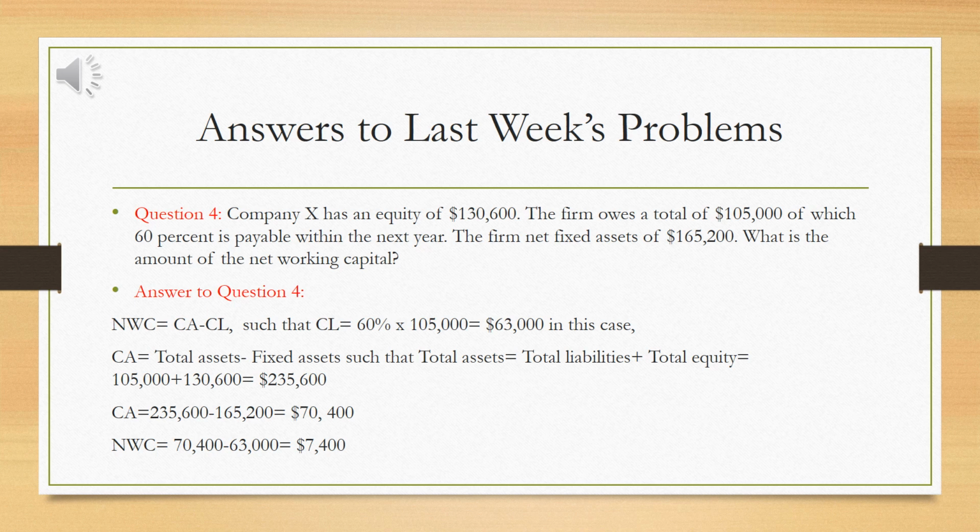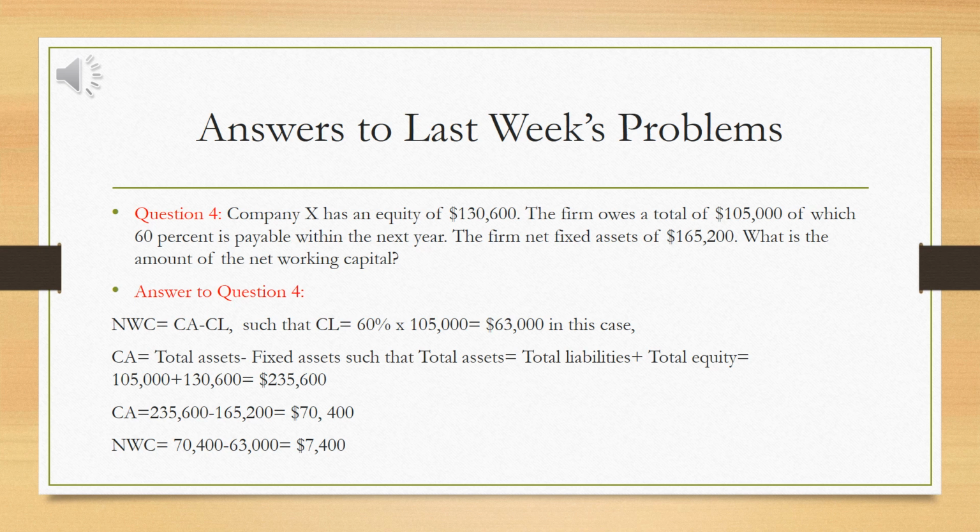Since total assets are current assets plus fixed assets, then current assets are total assets minus fixed assets. Total assets are total liabilities plus total equities, which is equal to 105,000 plus 130,600. And fixed assets are given to be 165,200.